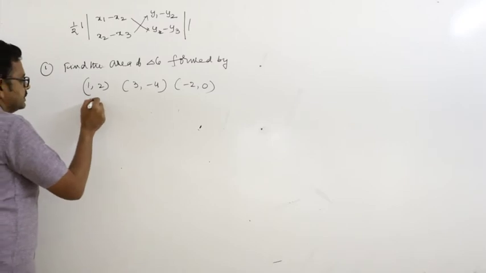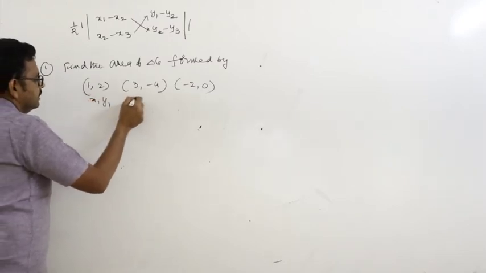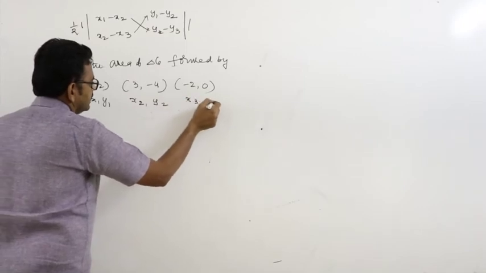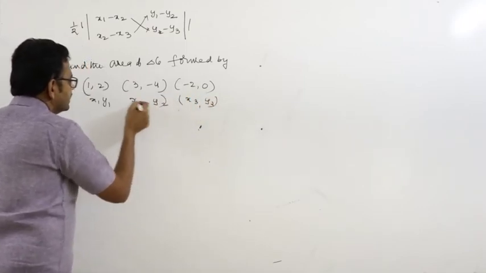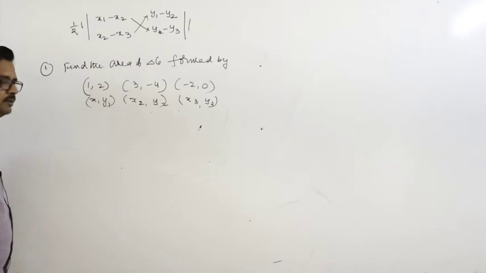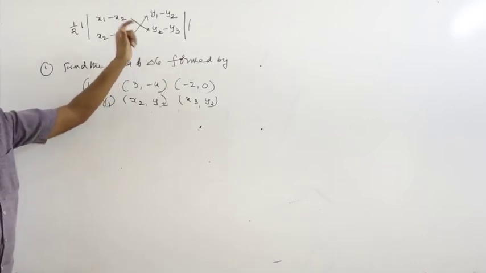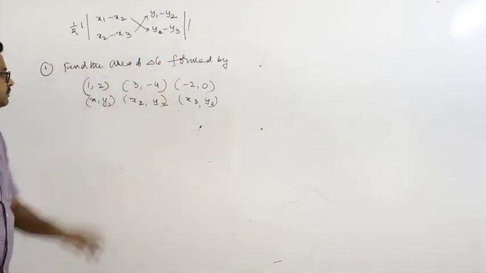Now, this is x1, y1, x2, y2, x3, y3. According to your convenience, you can write any one, but I use this one. If you are comfortable with the first formula, you can go through that.